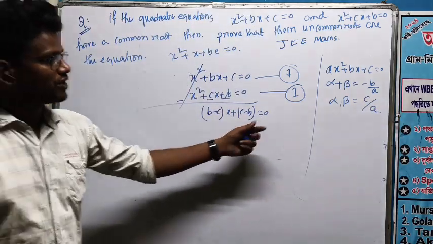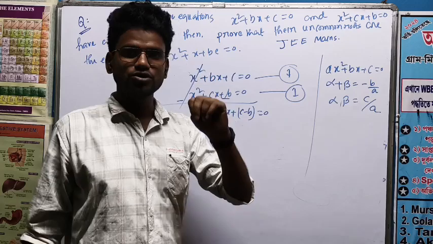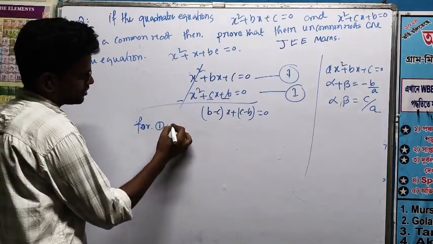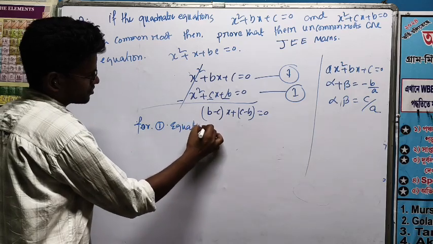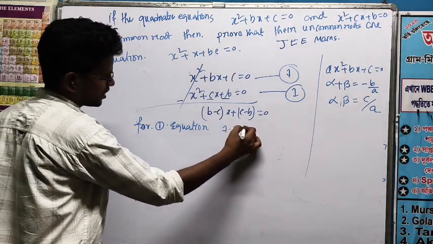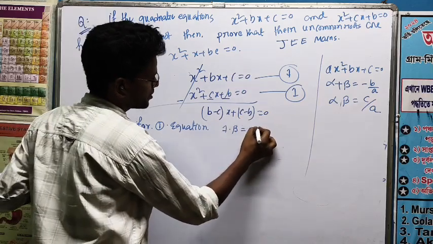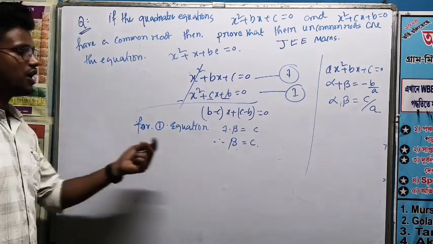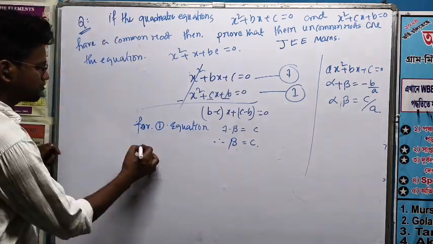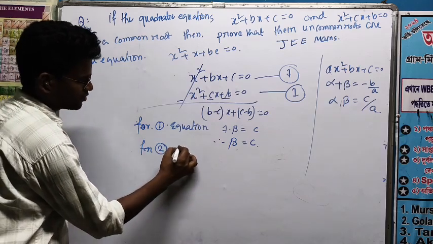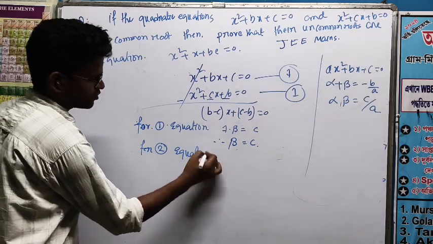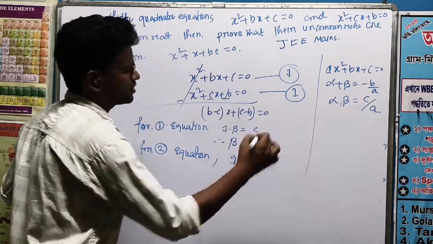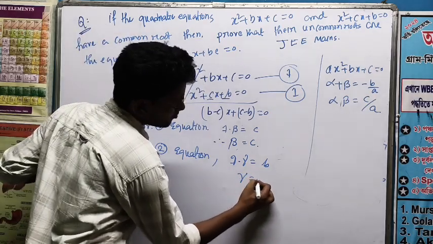Obviously we know the common root. For equation 1, 1 into beta is equal to c, so the other root is c. And for equation 2, we have 1 into gamma is equal to d, so gamma is equal to d.